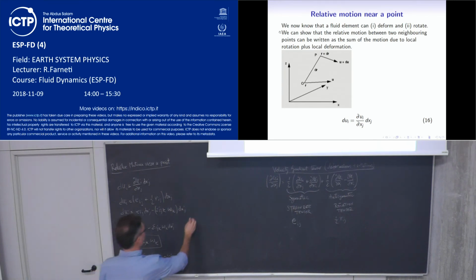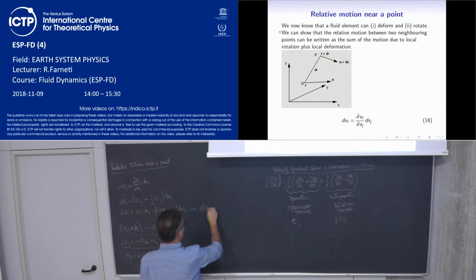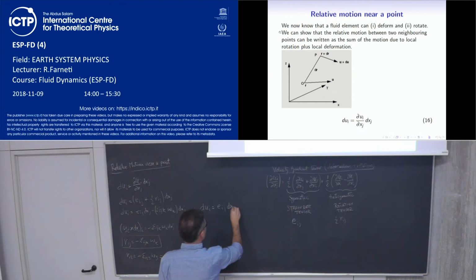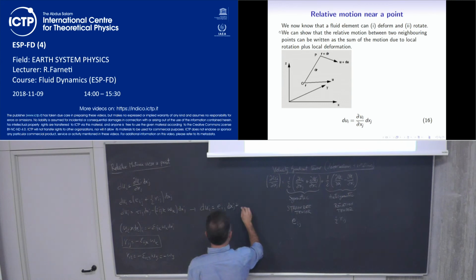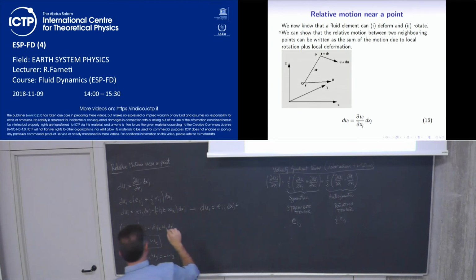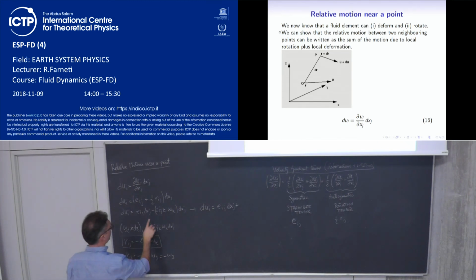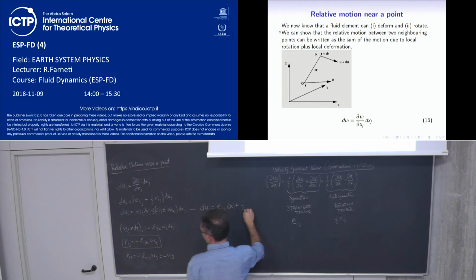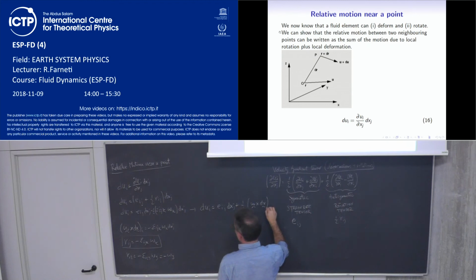And so if you replace this here, E_ij dx_j plus, now there's a minus here, plus, I've dropped the minus 1/2, so now it's plus 1/2 of the vorticity dx_j.